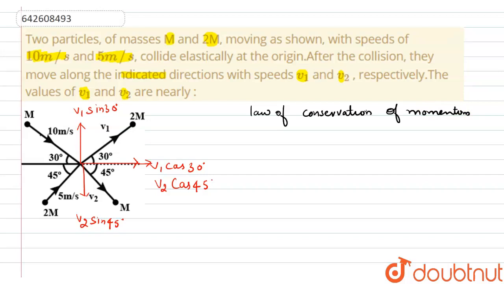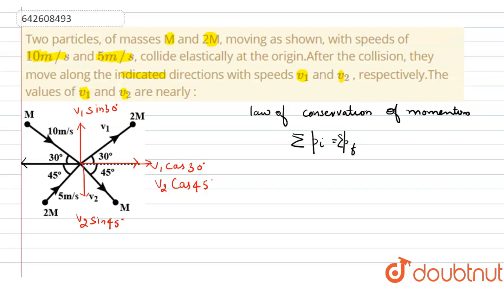Momentum before collision equals momentum after collision, and it will remain equal or constant for an isolated system. So first, consider the mass m, whose velocity is 10 meter per second, and we can resolve its components.